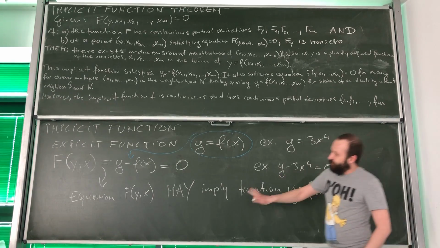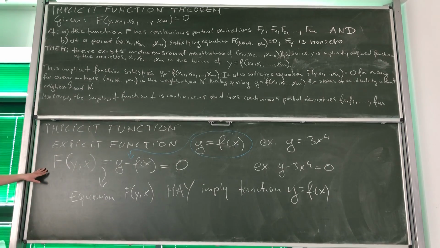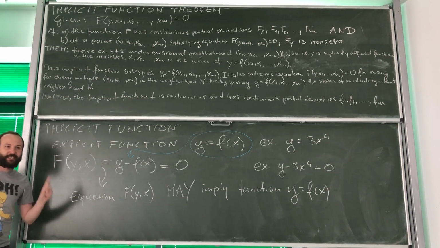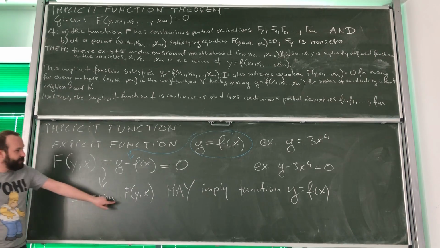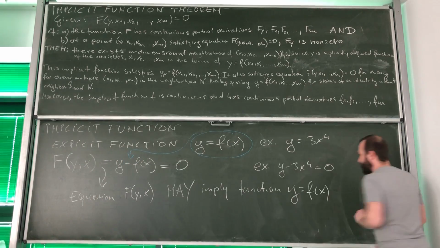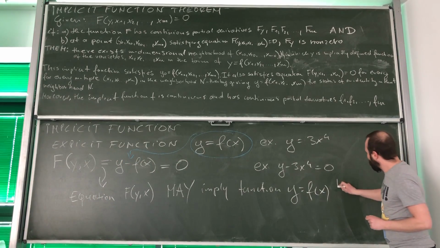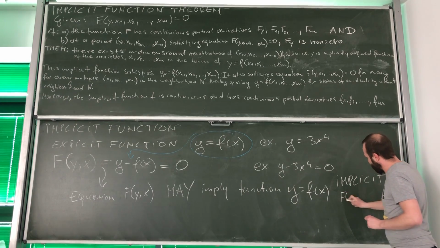So if we have an equation in this form, we might say that in a very specific circumstance, this equation may imply this function. And in this case, we call this an implicit function.